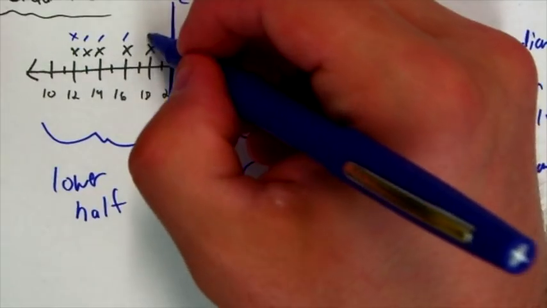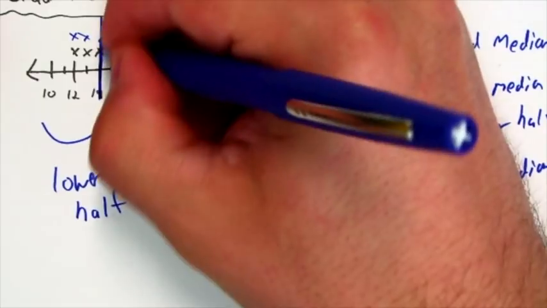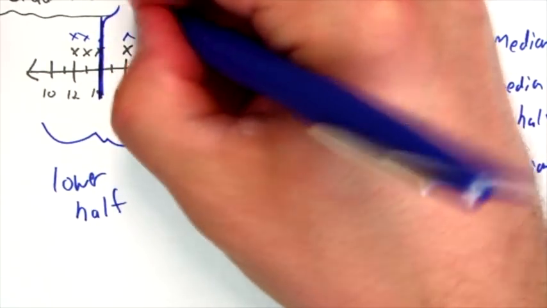So, let's do the lower half first. So let's cross off from each side. This right here, we would call quartile 1.